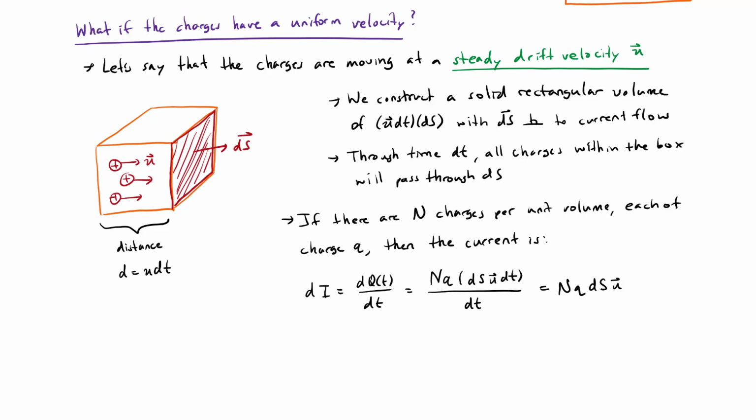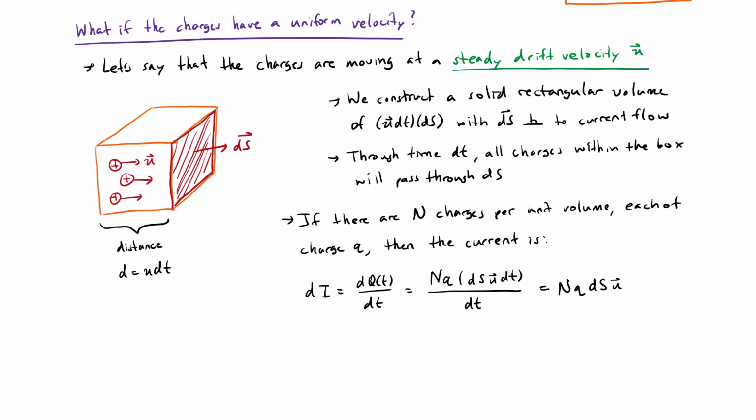So just looking at this, it looks like I'm multiplying some sort of density times a volume element over some sort of time. So it makes sense that our nq would be considered some sort of volume current density.